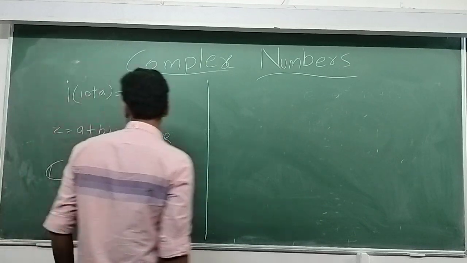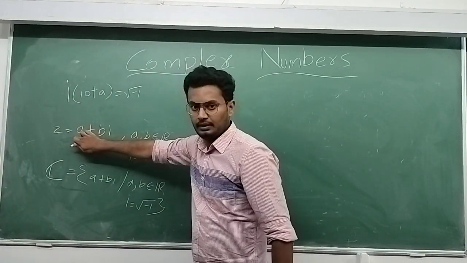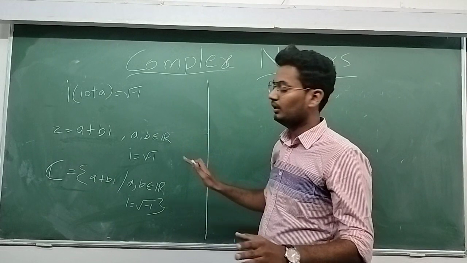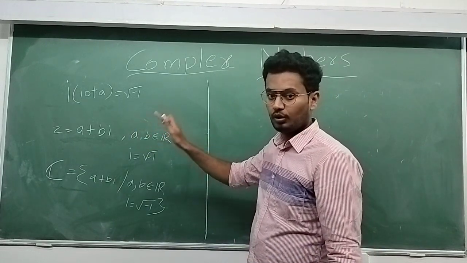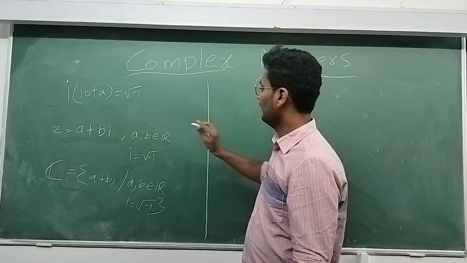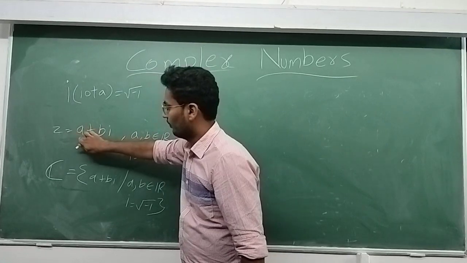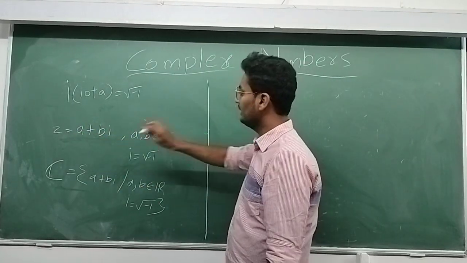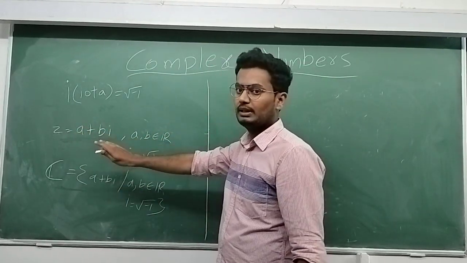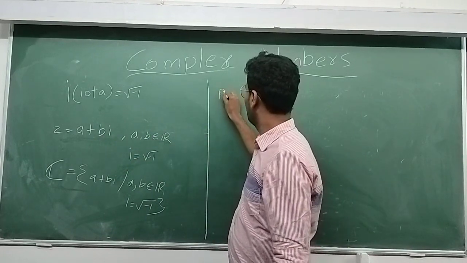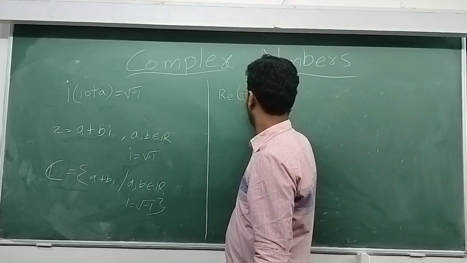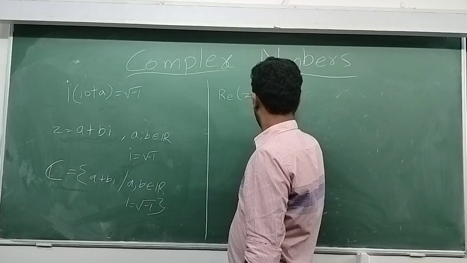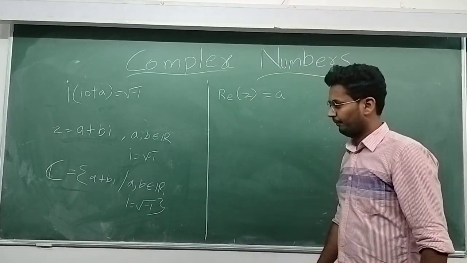Now here, this a is known as the real part of the complex number z. It is denoted by real of z, which is equal to a.